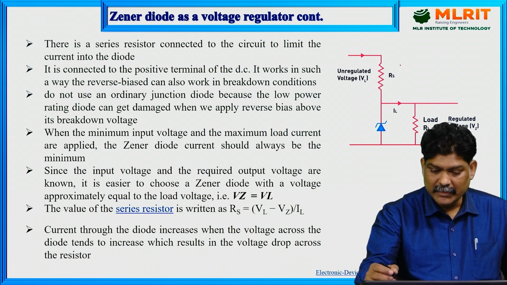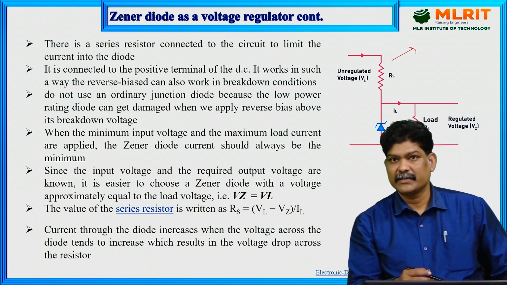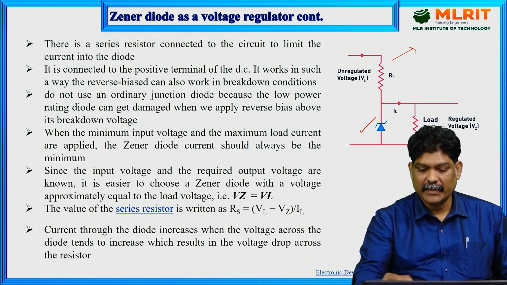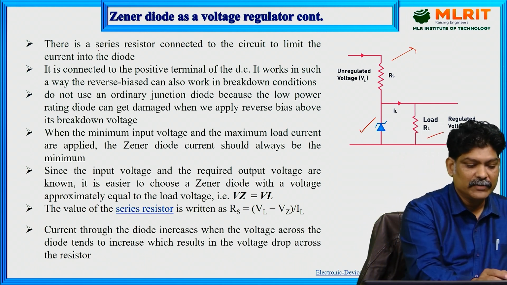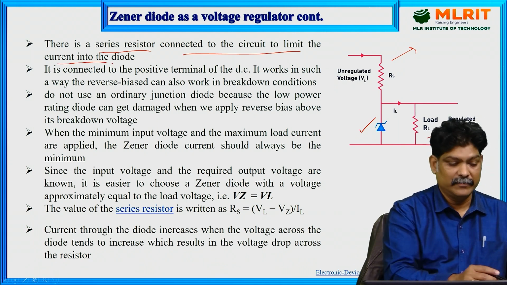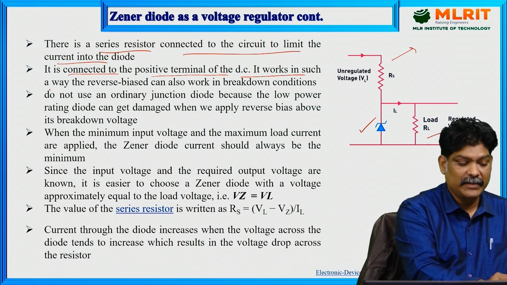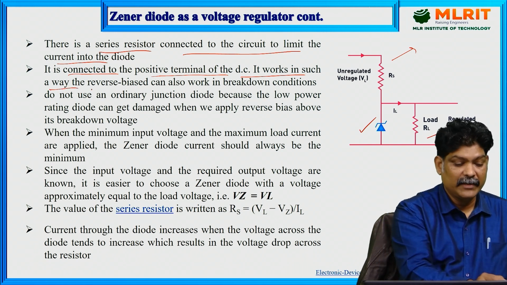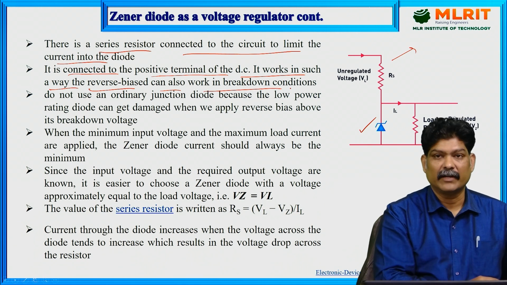So this is the actual circuit of the Zener voltage regulator. This is the Zener diode, and here the load resistor is there. There is a series resistor connected to the circuit to limit the current into the load. It is connected to the positive terminal of the DC. It works in such a way that it operates in reverse bias in the breakdown condition.